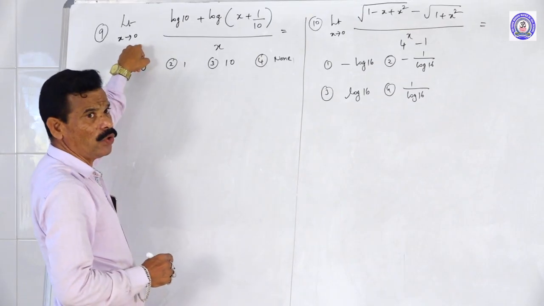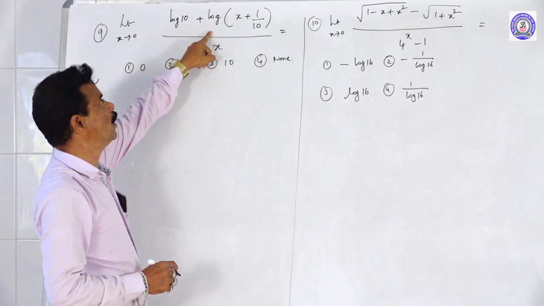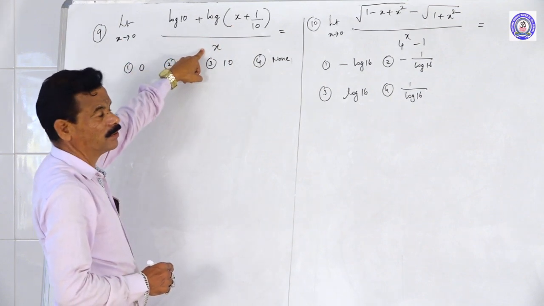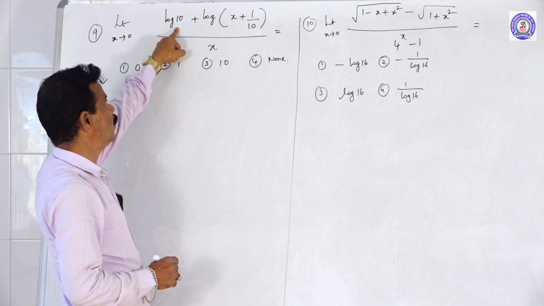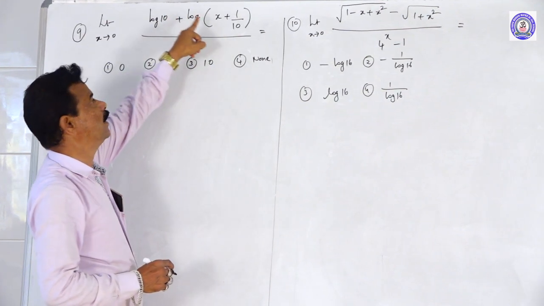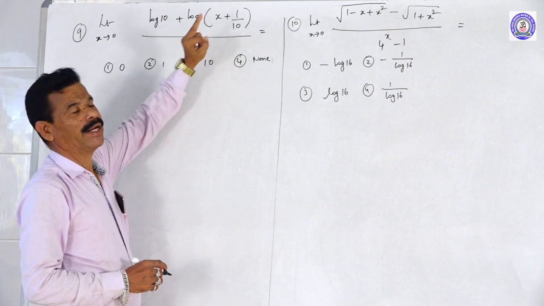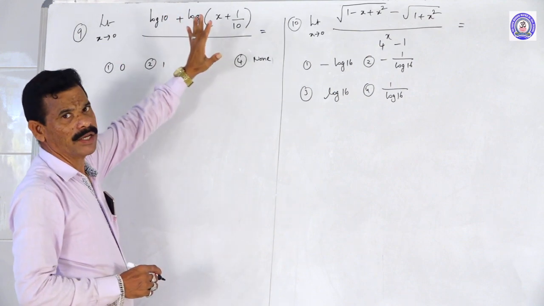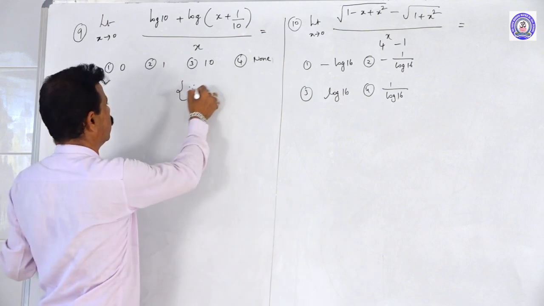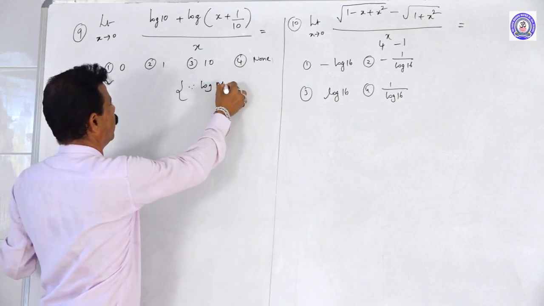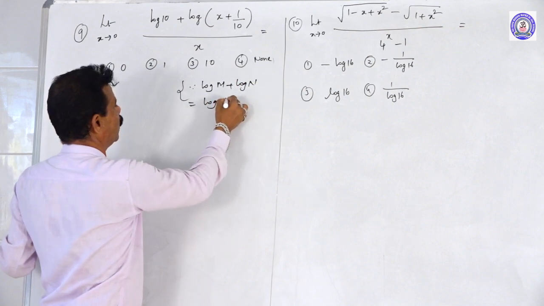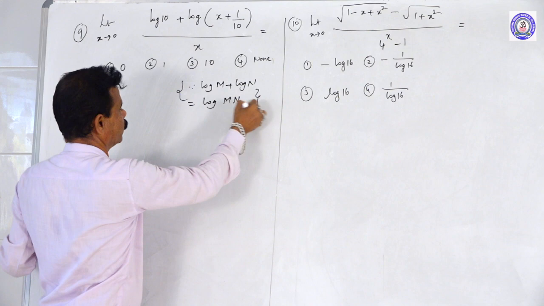Limit x tends to 0, log 10 plus log x plus 1 by 10, divided by x. So this is log m plus log n. M is 10, n is x plus 1 by 10. Log m plus log n is equal to log mn.